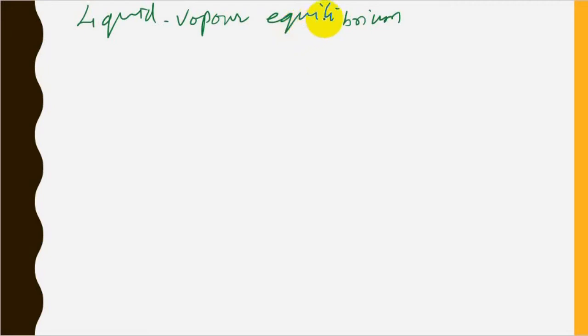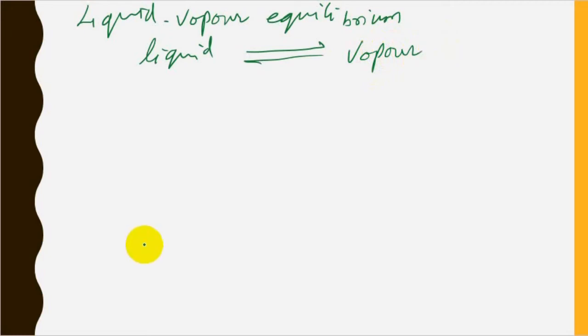So here, look, water vapor is being formed from water, isn't it? So liquid is now converted into vapor. For this, we are mainly considering the process of evaporation.